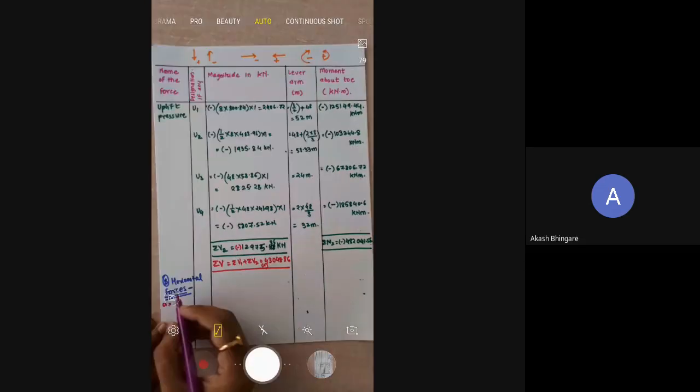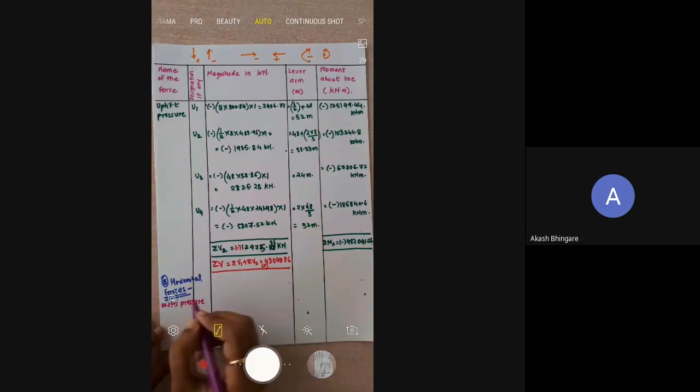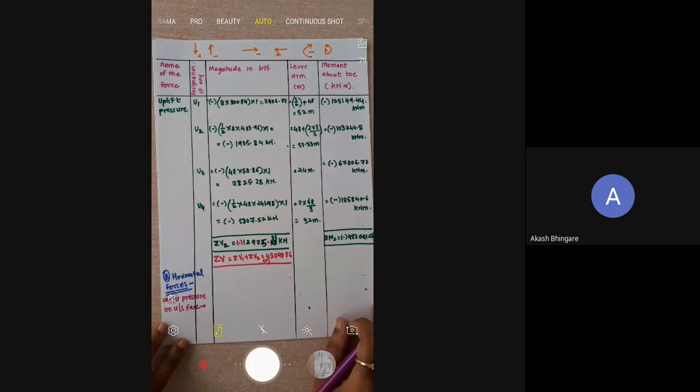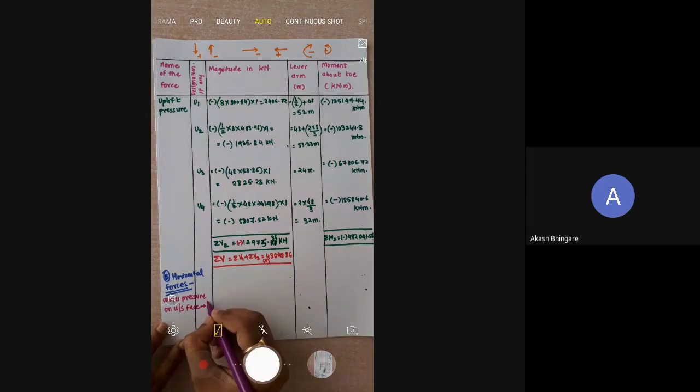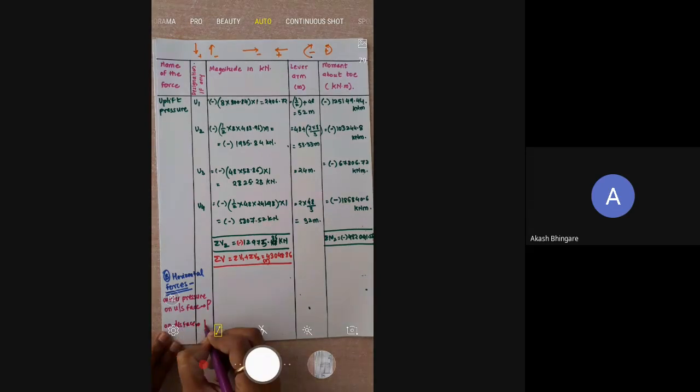So water pressure, first we will write it for the upstream face, right? The notation for hydrostatic pressure on the upstream side is capital P, and on the downstream face where the water pressure is there, we will use notation P dash. So P will be for the upstream face, P dash will be for the downstream face or tailwater.